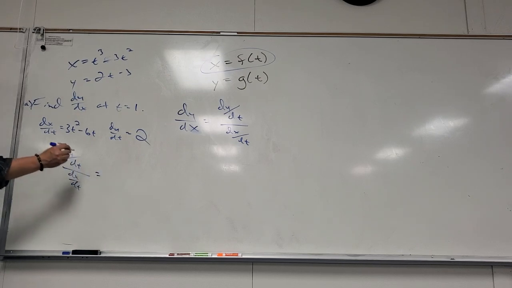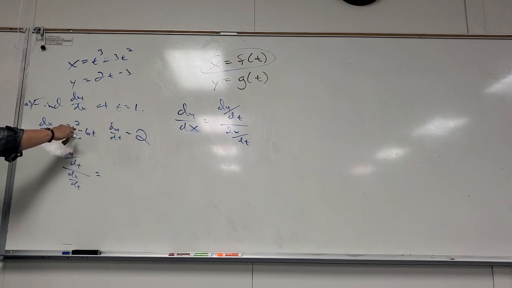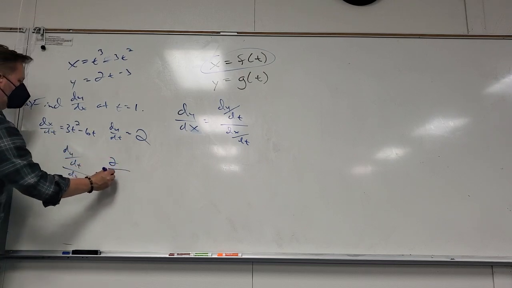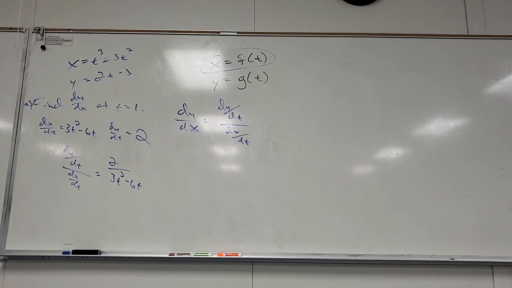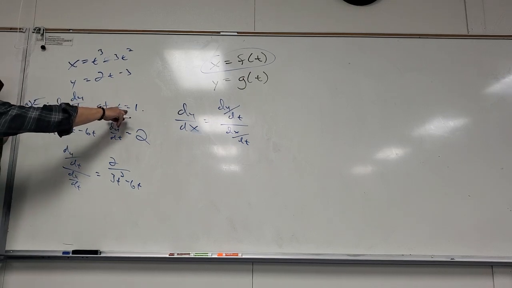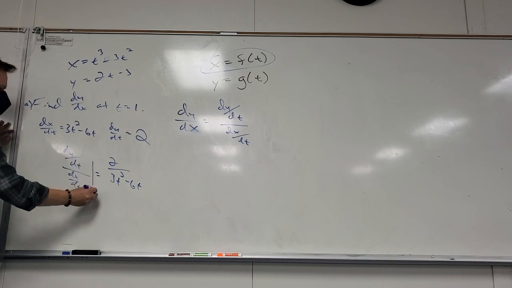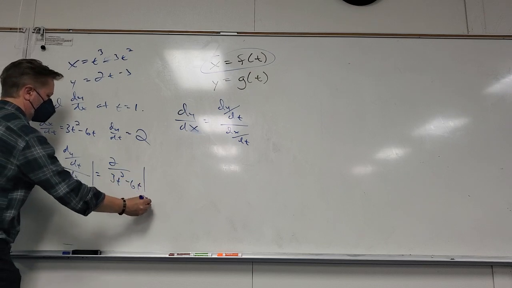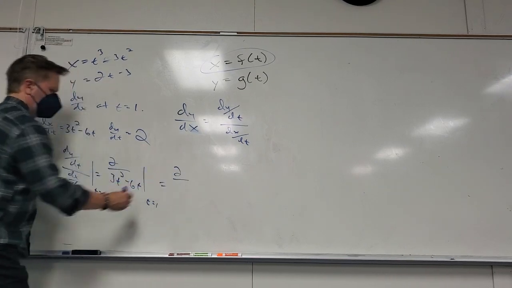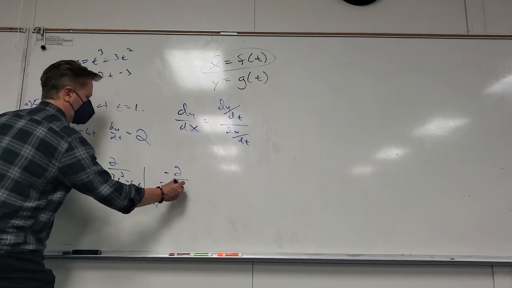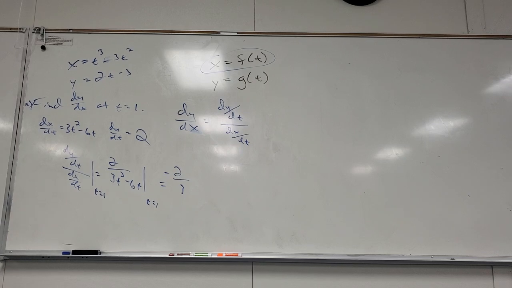Can't be that easy. So dy dt divided by dx dt is 2 over 3t squared minus 6t. So what is the derivative of the function of the parametric equations at t equal 1? Again, 2 over negative 3, so negative 2/3.